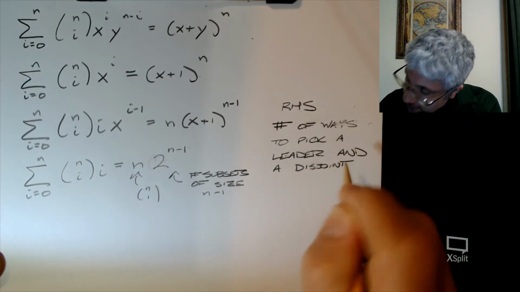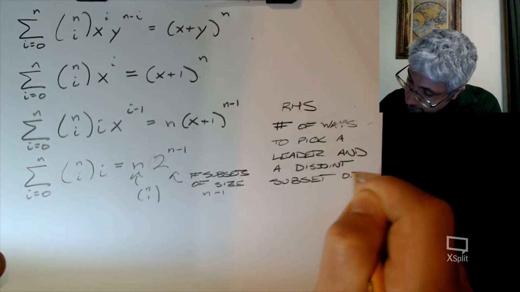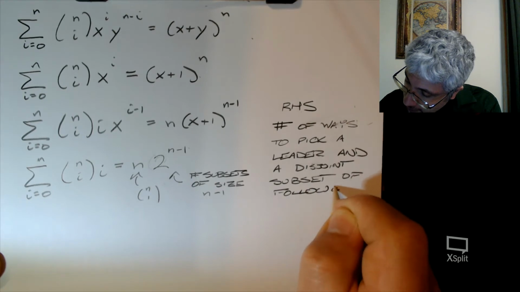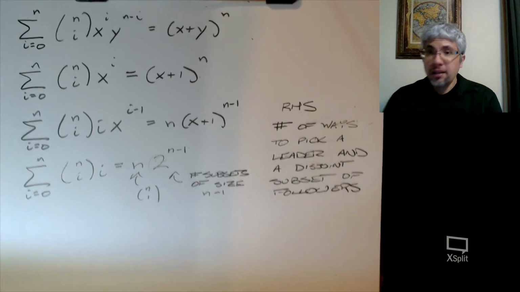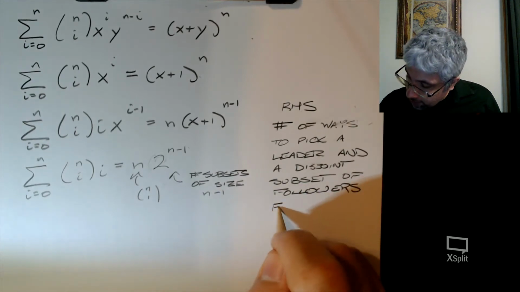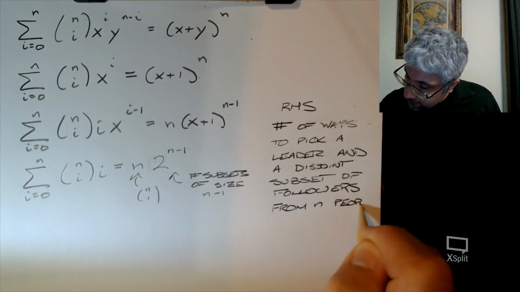Because once we've picked the leader, the leader's gone, there's n minus 1 people left, and I should say from n people. So these are the number of ways we could make that decision.